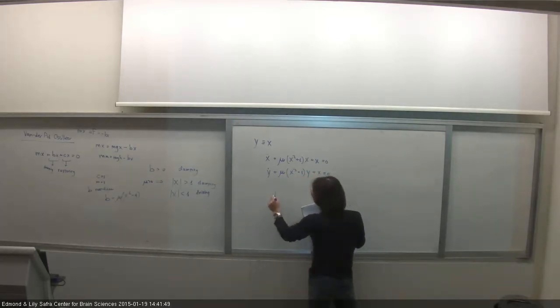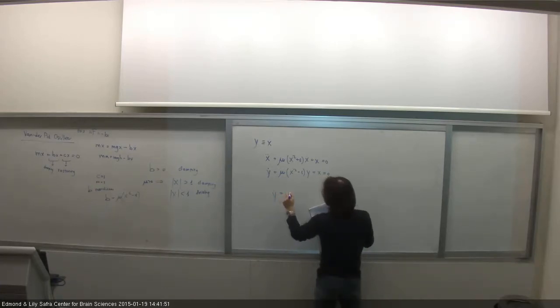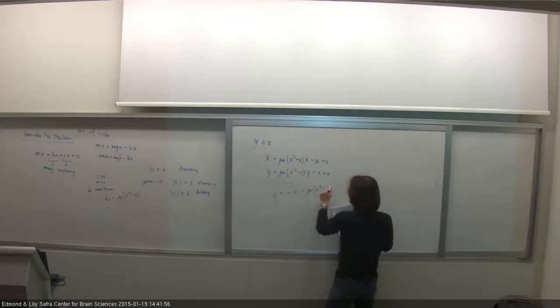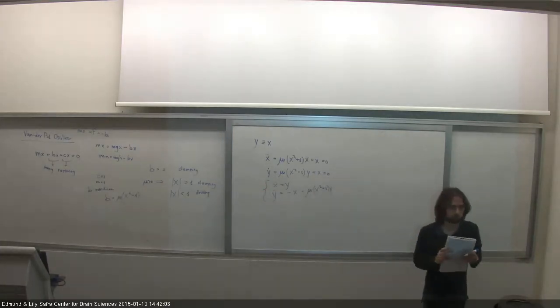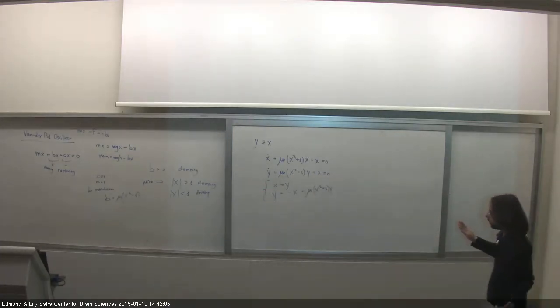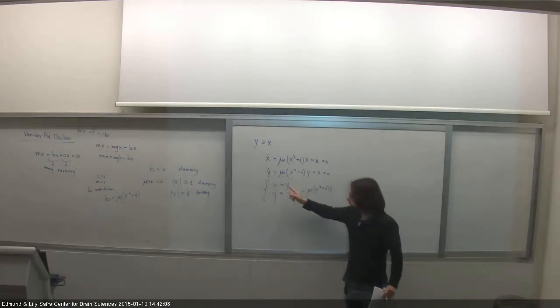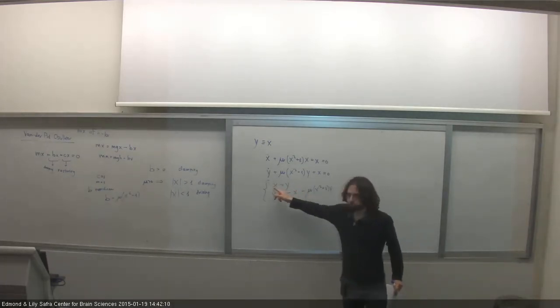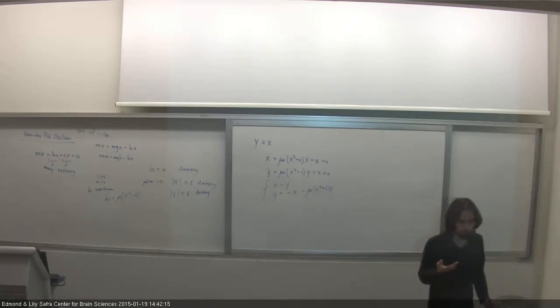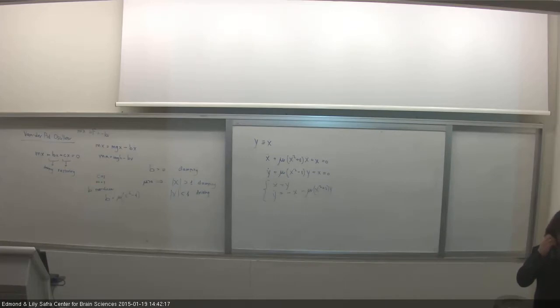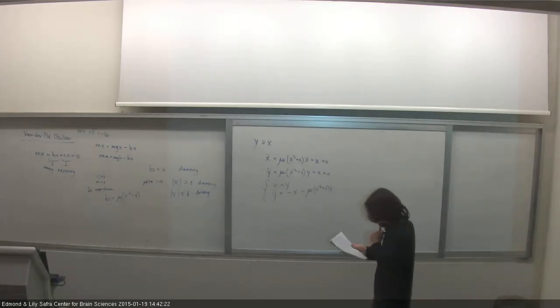And this is how I got my y dot equation: minus x minus mu times x squared minus 1 times y. And my x dot equation just comes from here. So now I have a two-dimensional system with only first-order derivatives. And I know how to deal with that with our geometrical methods and so on.